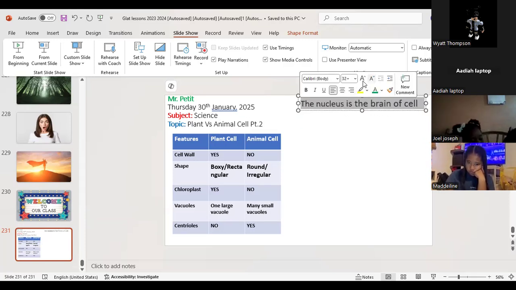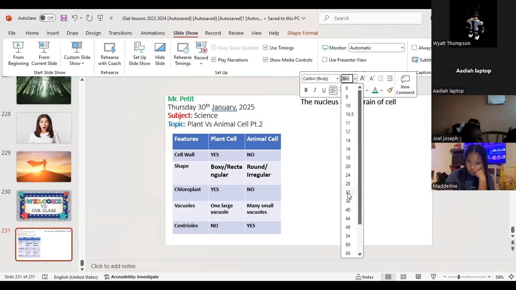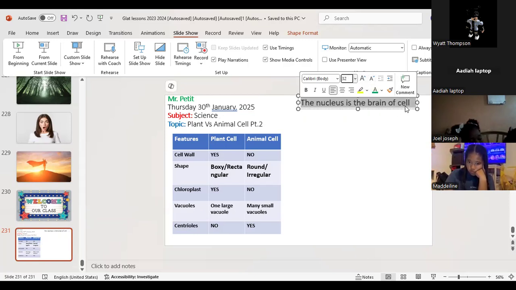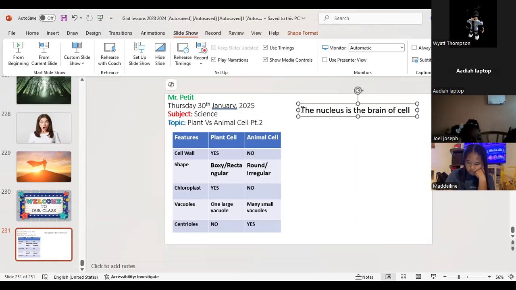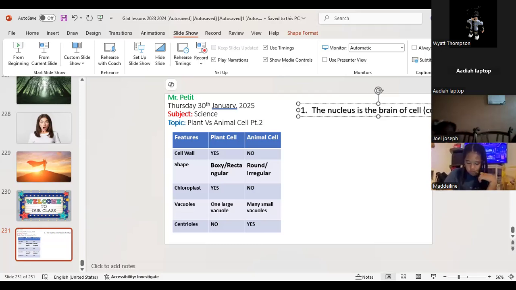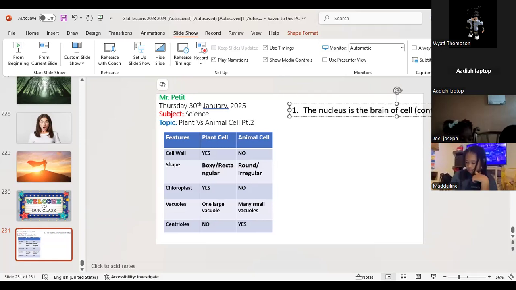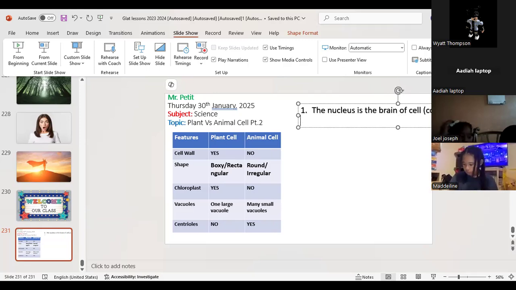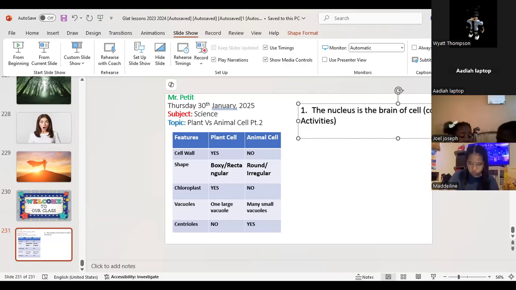Why do we say the nucleus is the brain of the cell? Because it does what? It controls all of the activities of the cell. It controls all the cell's activities.